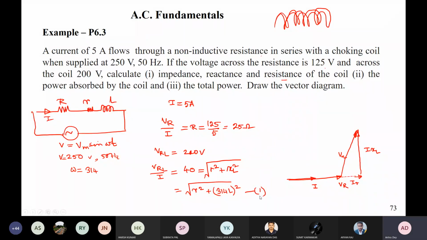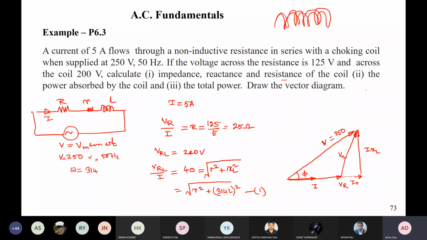What else is given? If you know that the sum of these two is equal to your total voltage, which is 250, then you can calculate the angle phi from here.